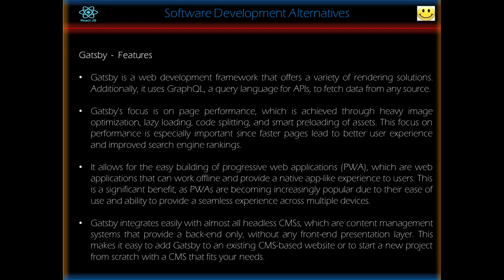Gatsby integrates easily with almost all headless CMSs, which are content management systems that provide a backend only without any front-end presentation layer. This makes it easy to add Gatsby to an existing CMS-based website or to start a new project from scratch with a CMS that fits your needs.